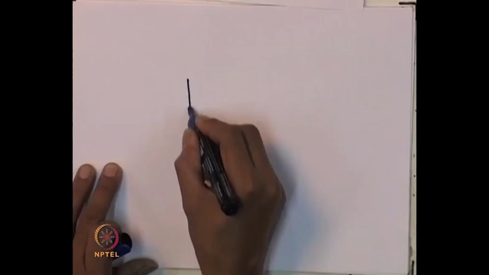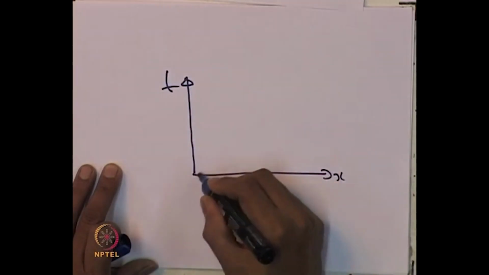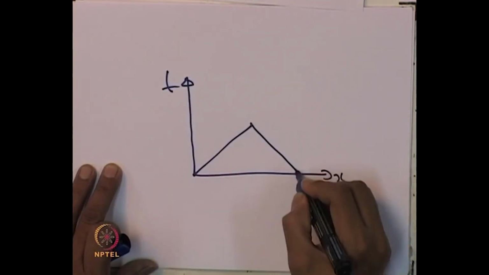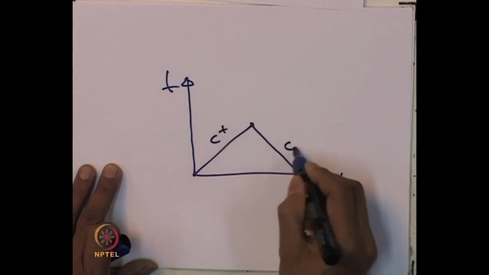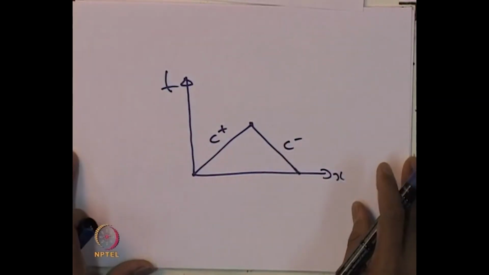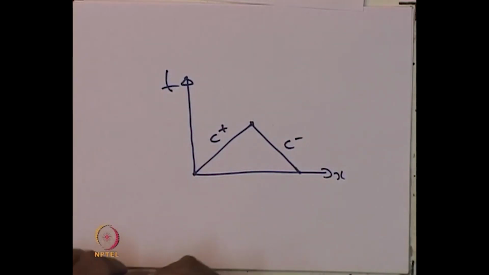For example, on an x t plane we do some transformation, and then we have C plus or C minus characteristic lines or curves, and with respect to that the approximation will be done.